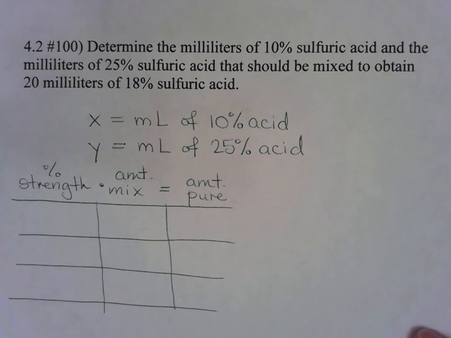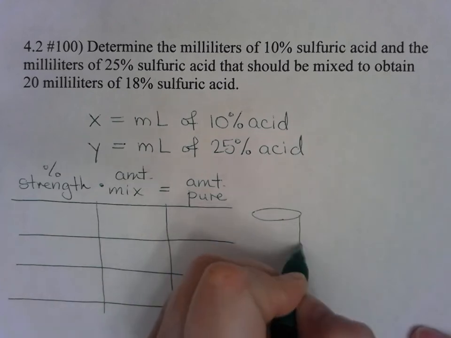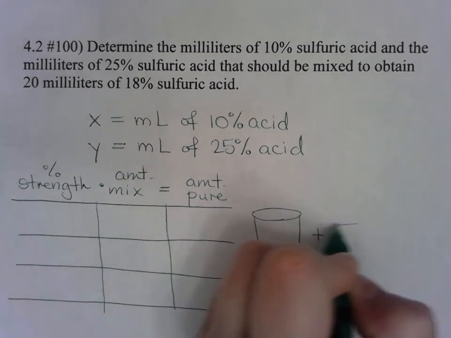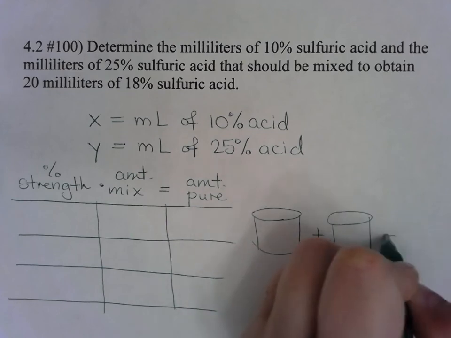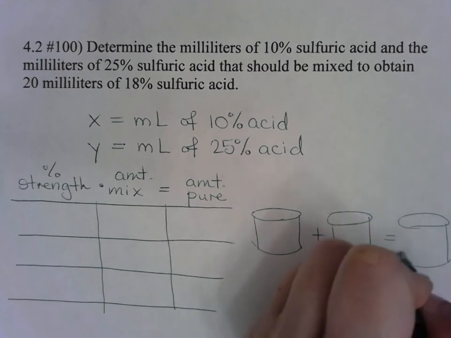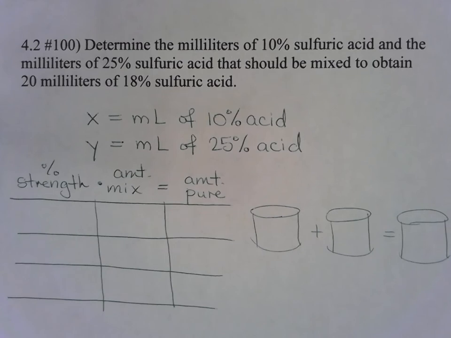If you don't like the chart, some people really like the little beakers, and that's drawn out for you in the book as well, so you could do it that way.